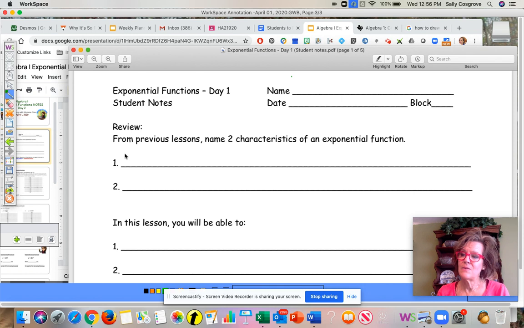One of the things that we said is that exponential functions have something special about their exponent. Do you remember what it is? They have x, or the variable, in the exponent spot.